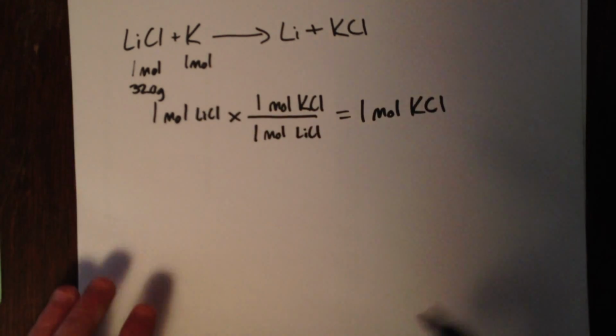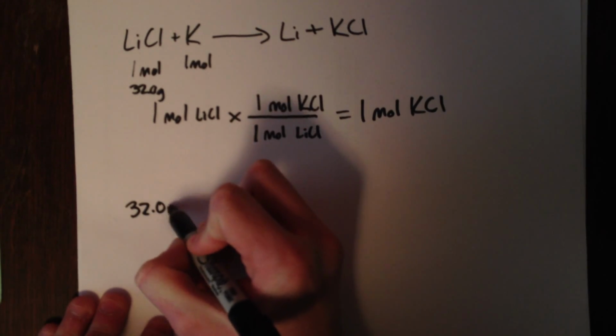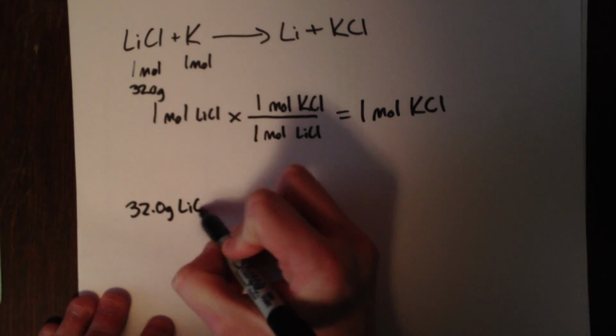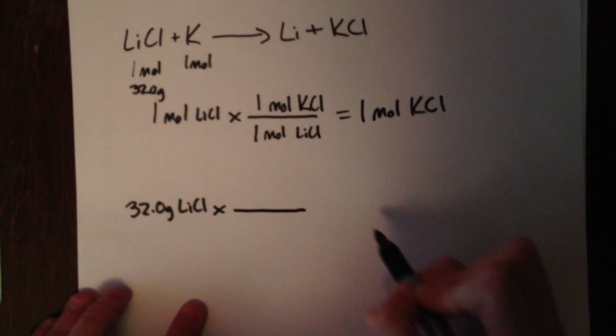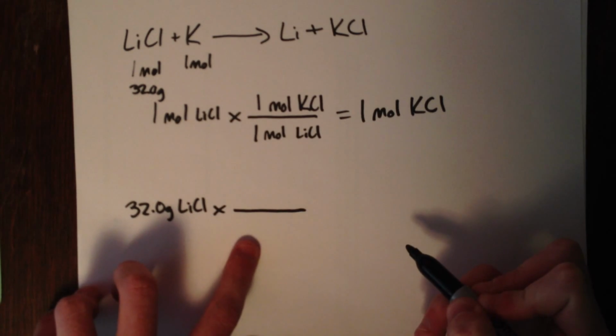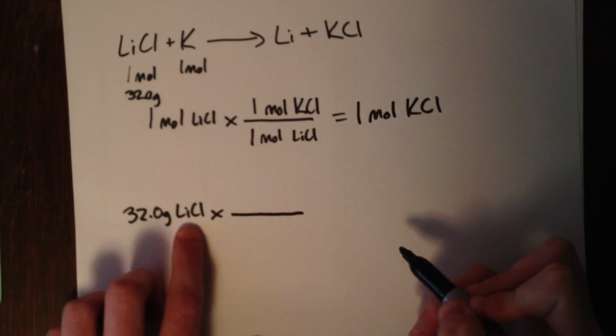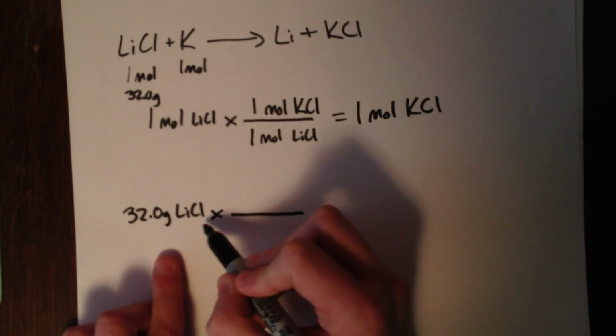So this part becomes very crucial in figuring out how many grams you go to. We are going to start off with 32 grams of lithium chloride over here. We need to find out how many moles this lithium chloride will make based on the atomic weight of each of these.